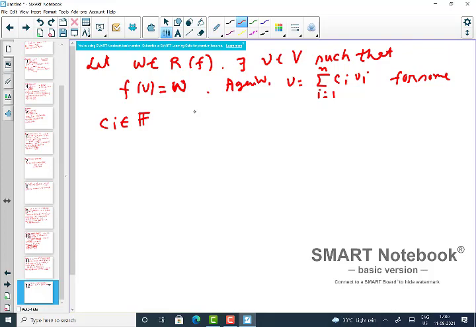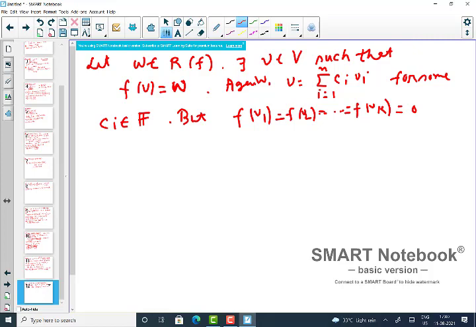We know one more thing: f of v1 up to f of vk, their images are 0, because they are a basis of the null space, so the image will be 0. This we know.